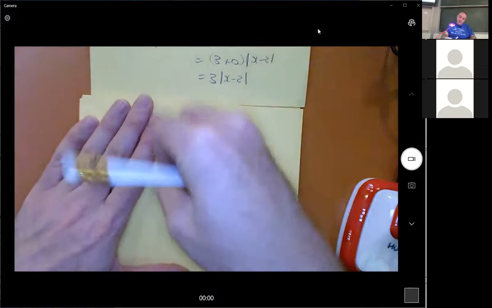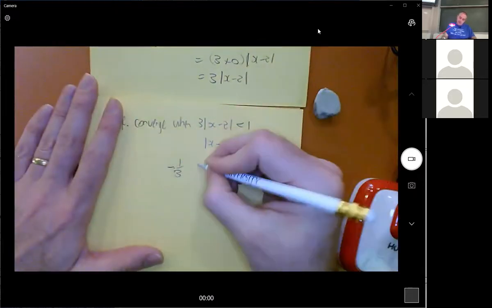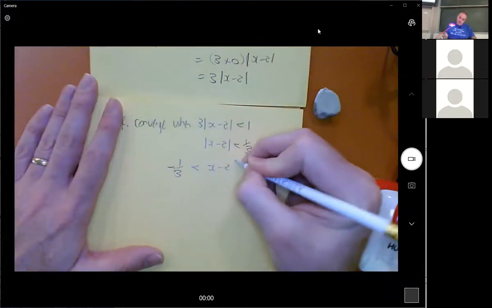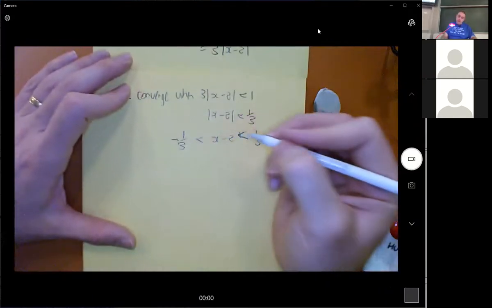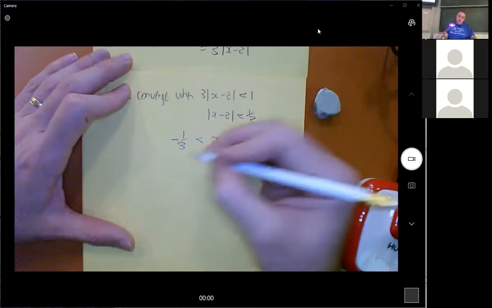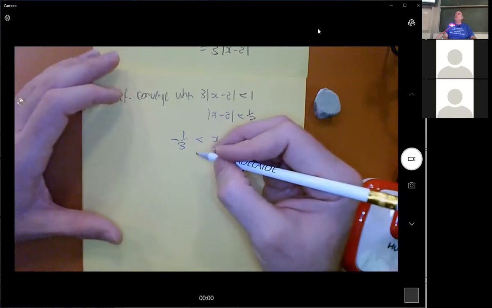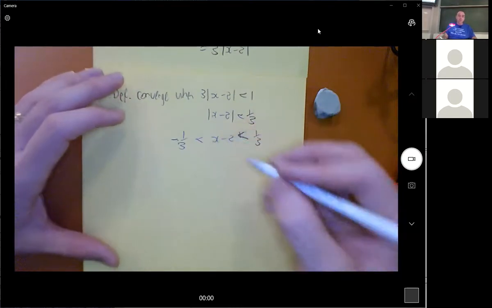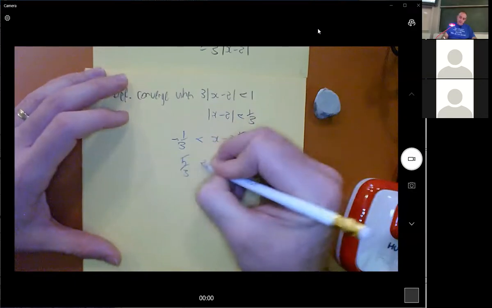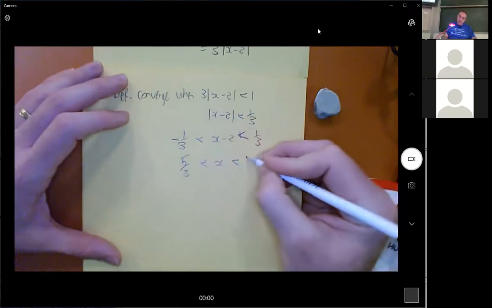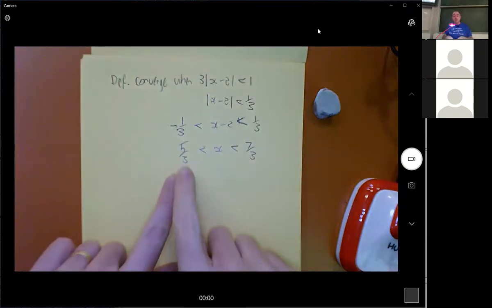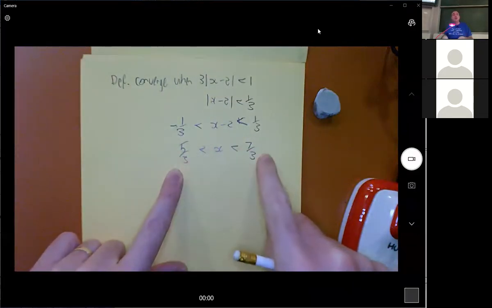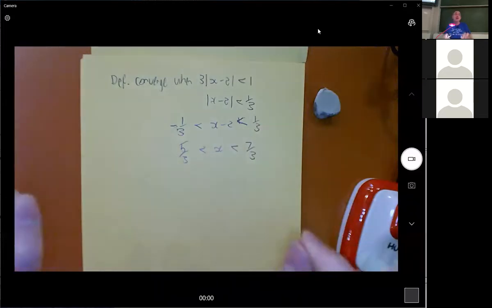Well, 2 minus a third. What's 2 in thirds? 6 thirds. So that's 5 thirds to 7 thirds, which works because it's 2 thirds wide, because the radius was a third, so the diameter is 2 thirds.